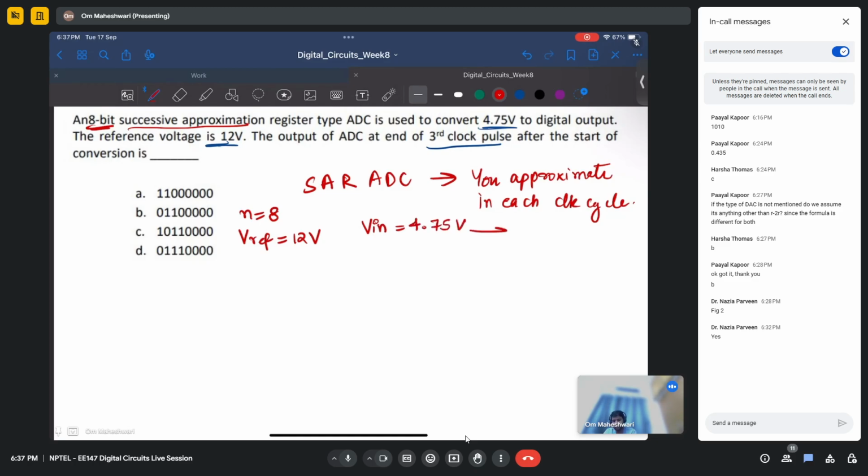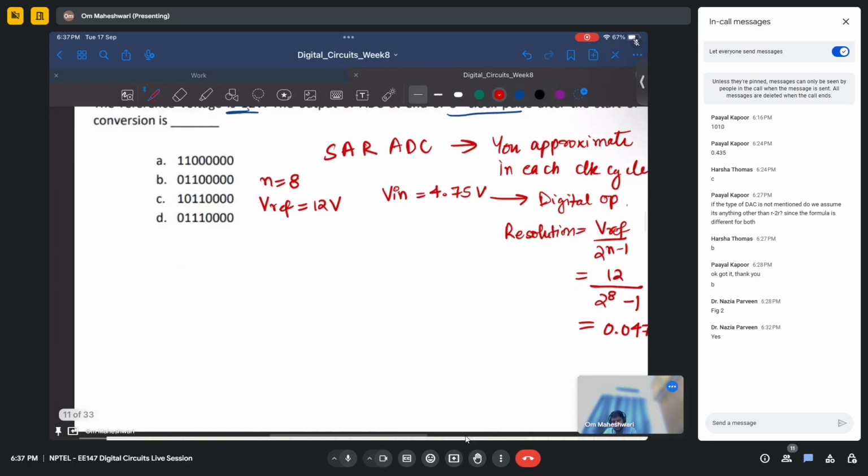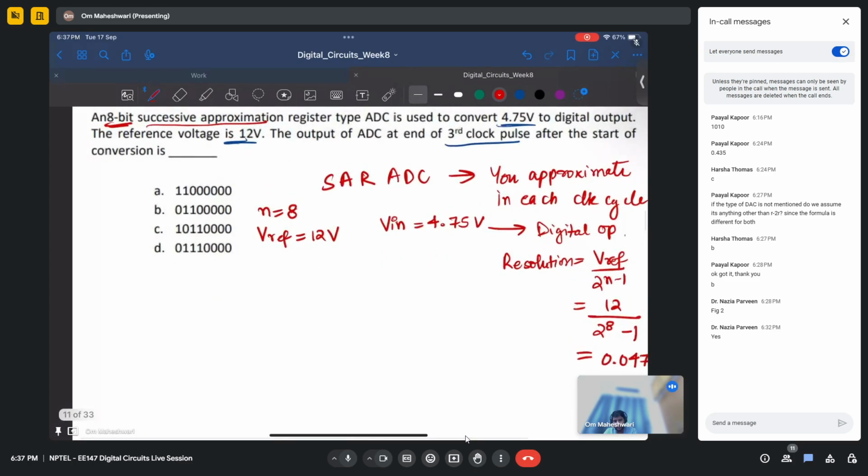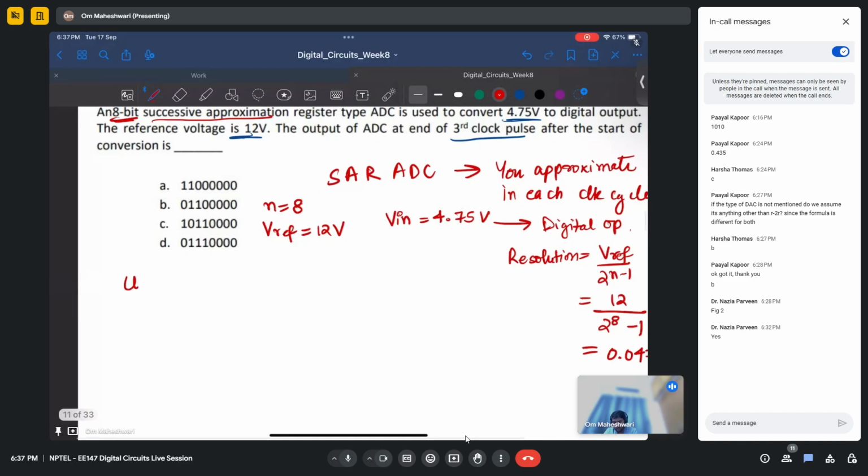We have to convert it into digital output, and the resolution we will have is equal to Vref by 2 to the power n minus 1, which is 12 upon 2 to the power 8 minus 1, and this is 0.047 volts.